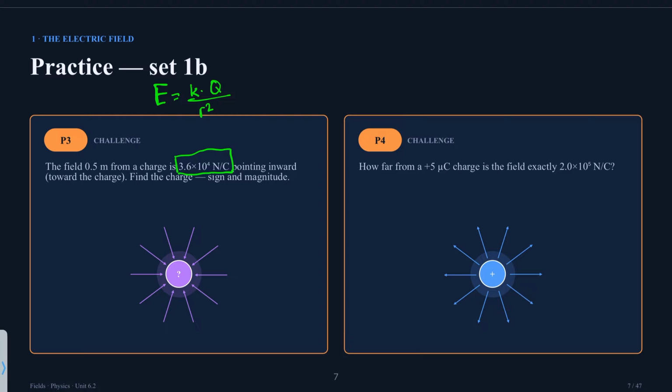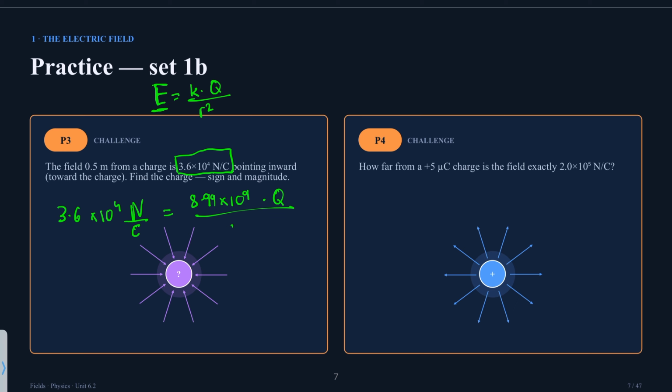So we know that 3.6 times 10 to the 4 Newton per coulomb, because that's the strength of the electric field at a certain point, is 8.99 times 10 to the 9 times Q, which we don't know. We're trying to find that out. And then that over R squared.